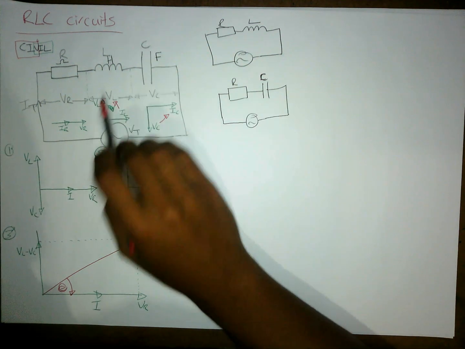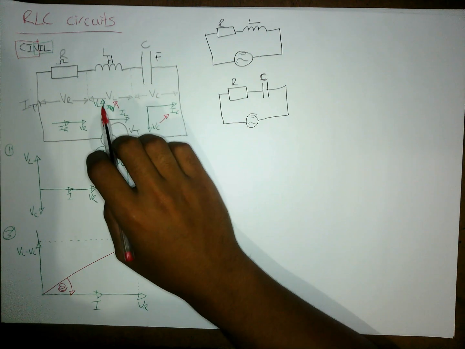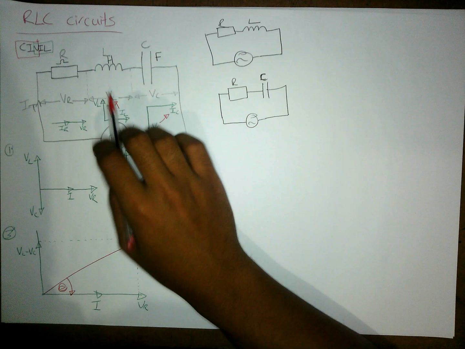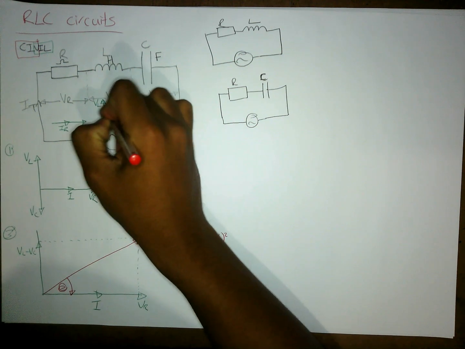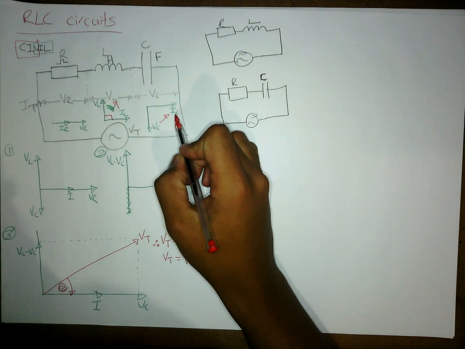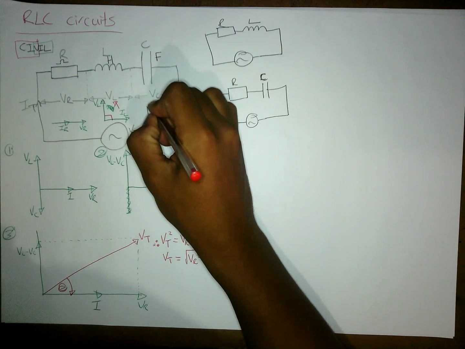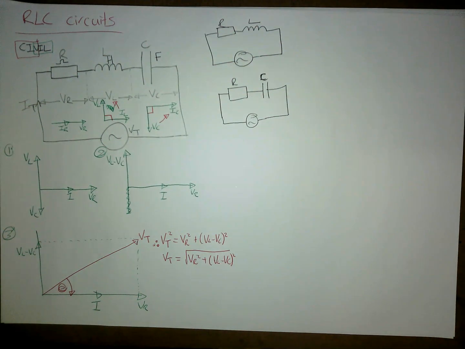And just to add, the voltage is leading the current in the inductor by 90 degrees, and the current is leading the voltage of the capacitor also by 90 degrees. Not that this plays a difference in our calculations, but just for you to understand what is meant by leading and lagging of the voltages and currents.